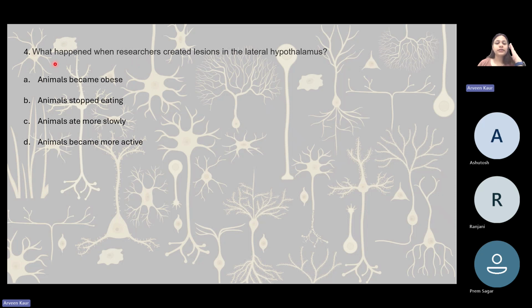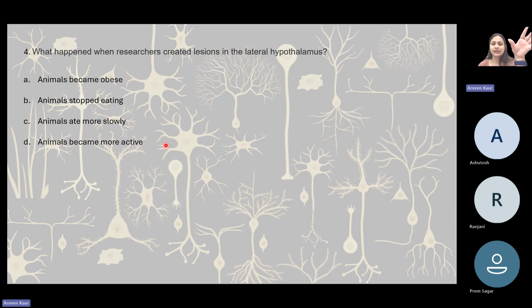Then question number 4 is what happened when researchers created lesions in the lateral hypothalamus? Did the animals become obese, or the animals stopped eating altogether, or the animals ate more slowly, or they became more active? So what happened out of these when lesions were created in the lateral hypothalamus? In the hypothalamus, we studied that there were two kinds of centers that were almost adjacent to each other.